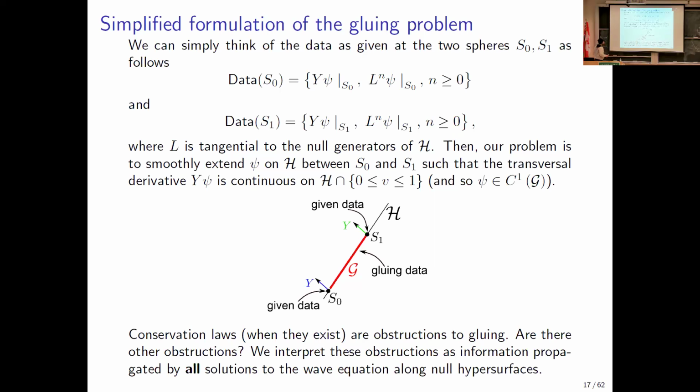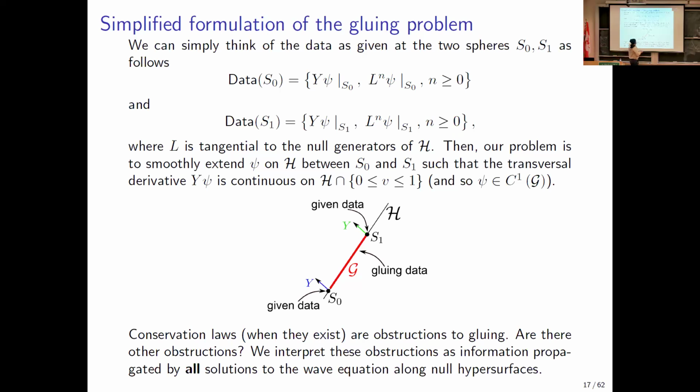One difficulty would be if for any null hypersurface connecting S0 and S1, you have a conservation law along this null hypersurface. So any conservation law is an obstruction to gluing.